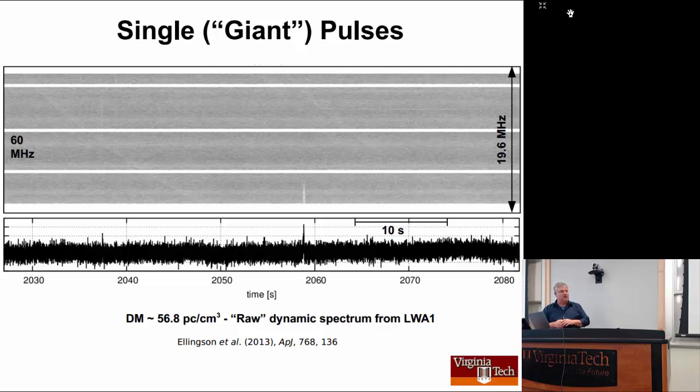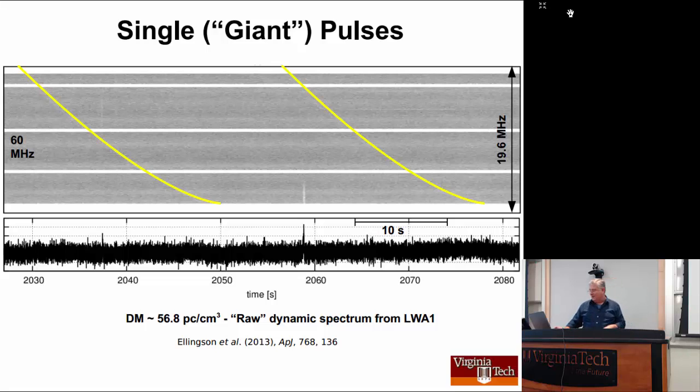For some reason nobody understands, it's got a period of 33 milliseconds, but every couple seconds or once an hour or whatever, it'll produce a spectacularly bright pulse. So in this data, you would never be able to see the periodic emission of the Crab pulsar because all those pulses would just be overlapped. But what happens is every once in a while we get one of these spectacularly bright ones and we have no idea why.